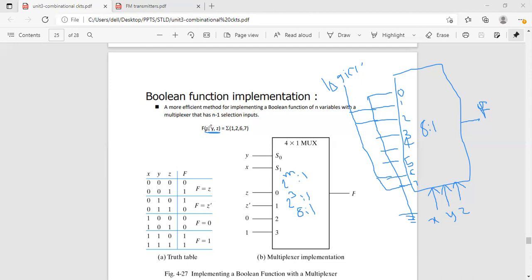So you have to write X, Y, Z. And for these 3 select lines, how many possible combinations do we have? 0 to 7, totally 8 possible combinations. So like that you have to write. And the output function F will be equal to 1 when the input is 1, 2, 6, 7.